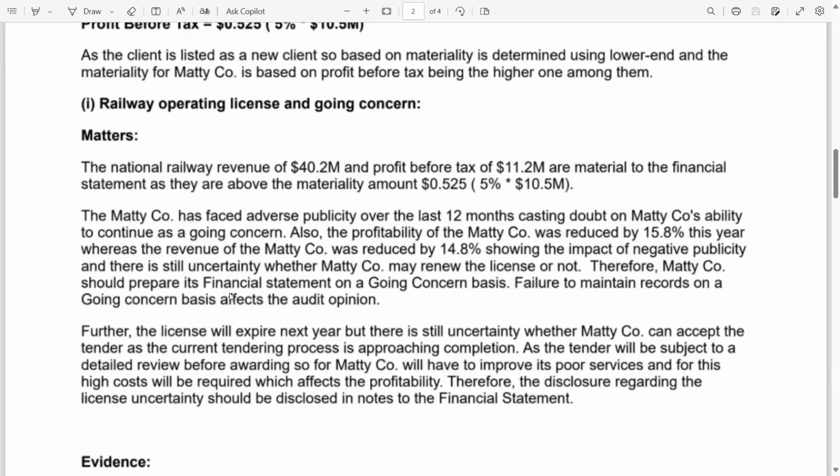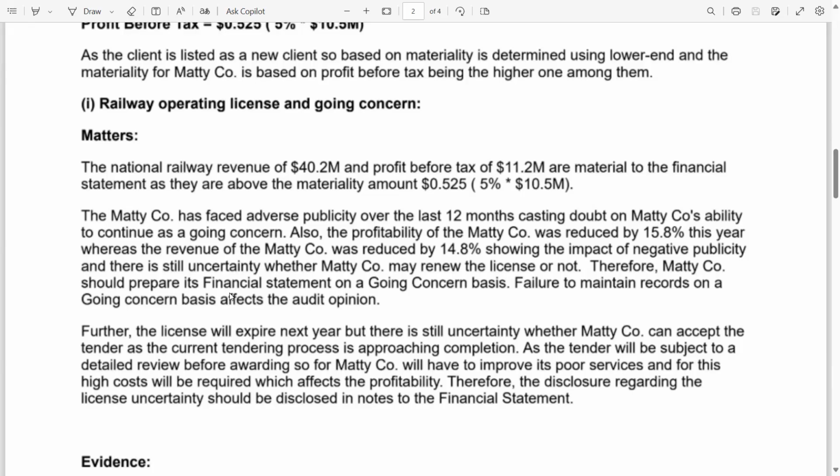Further, the license will expire next year, but there is still uncertainty whether Matty company can win the tender as the current tendering process is approaching completion. As the tender will be subject to a detailed review before awarding, Matty company will have to improve its poor services, and for this high cost will be required, which affects the profitability, as the profitability of the Matty company is still in reduction.